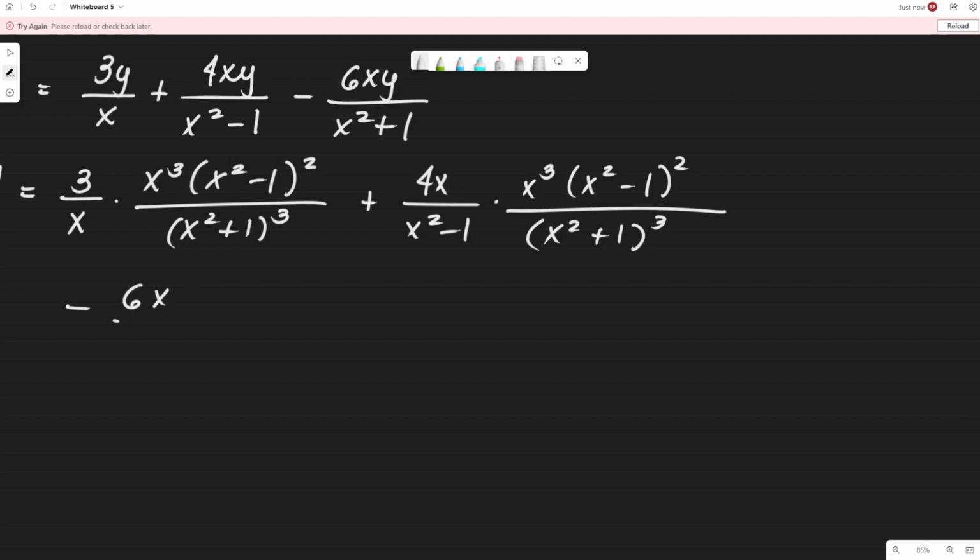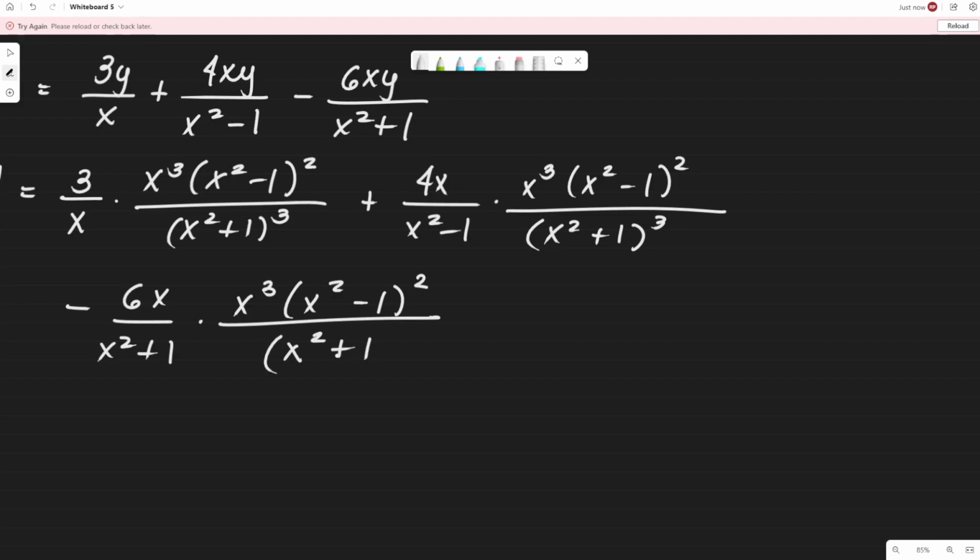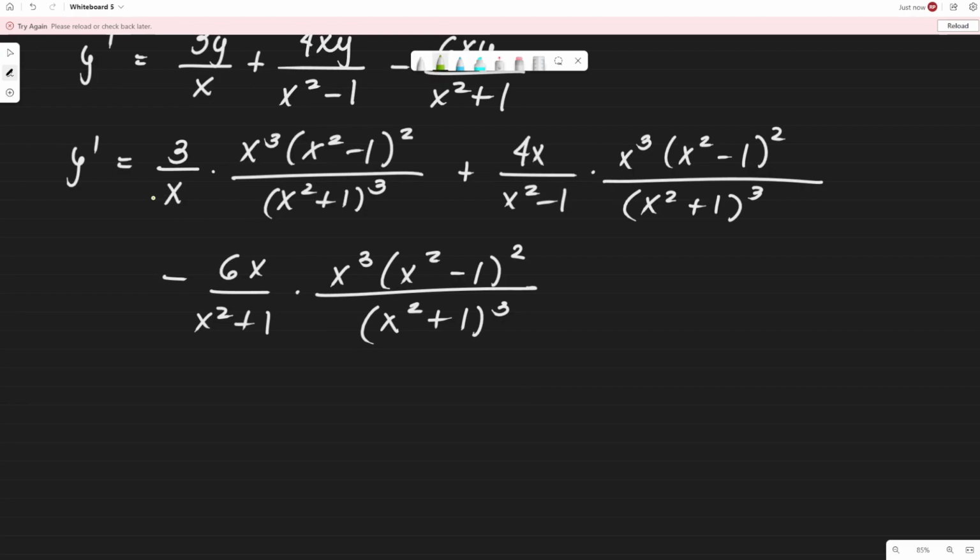Then we have minus 6x over x squared plus 1, times x cubed, x squared minus 1 squared over x squared plus 1 quantity cubed. So, you can start canceling out kung merong mga makakancel, just like this one. Then, eto din. Ayan. Tapos, eto, wala namang makakancel. So, therefore, by looking at the denominators, we have x squared plus 1, we have x squared plus 1 cubed.